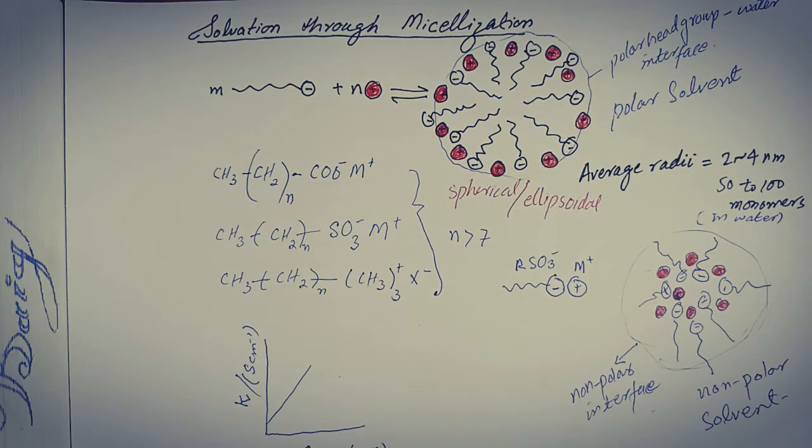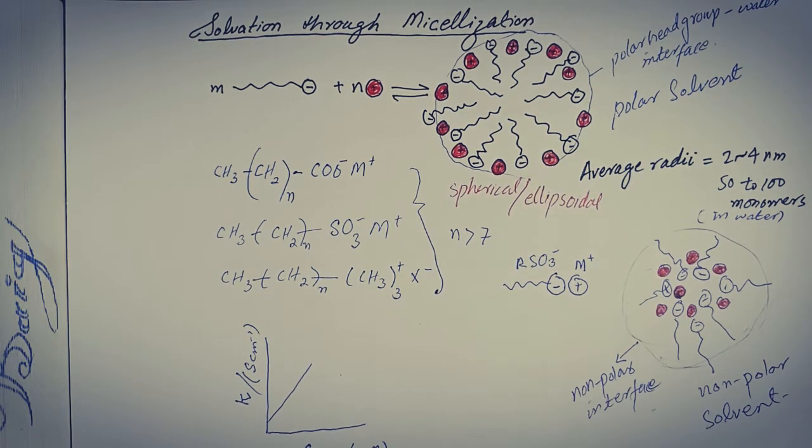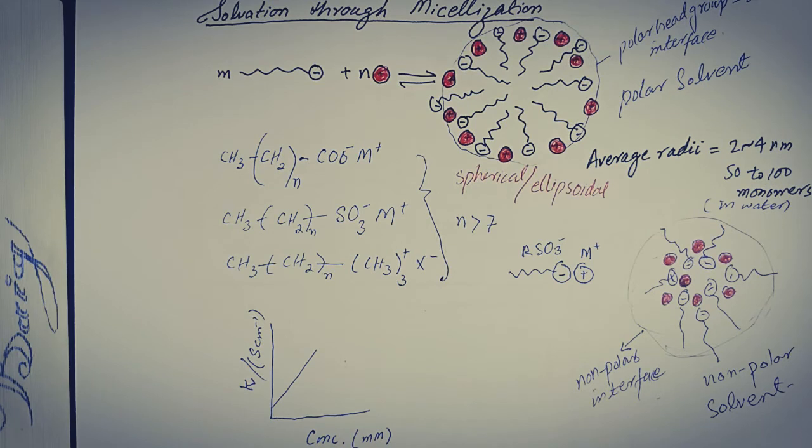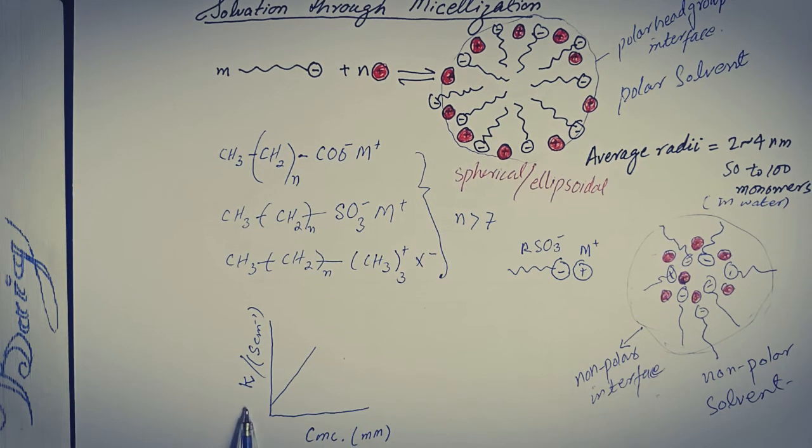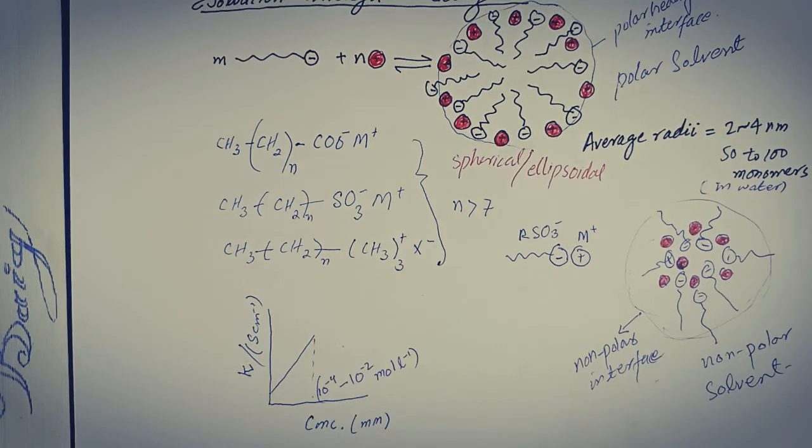At lower concentration, or in dilute solution, the amphiphilic molecules act as strong electrolytes. For this kind of electrolyte, by increasing the concentration, the specific conductivity of the solution increases, and the concentration of the electrolyte or amphiphilic molecules must be lower than 10 to the power minus 4 to 10 to the power minus 2.